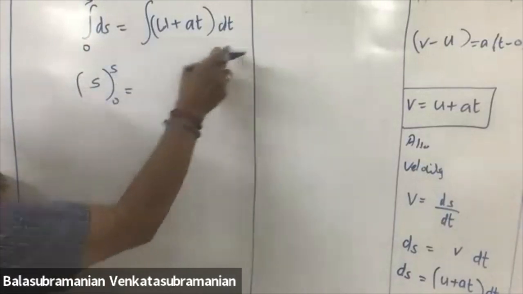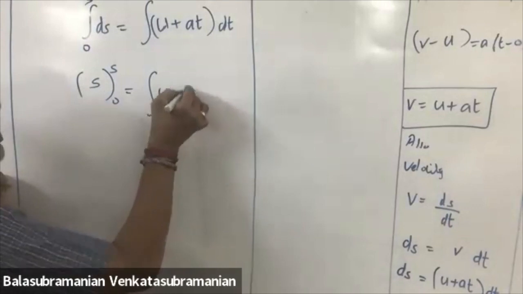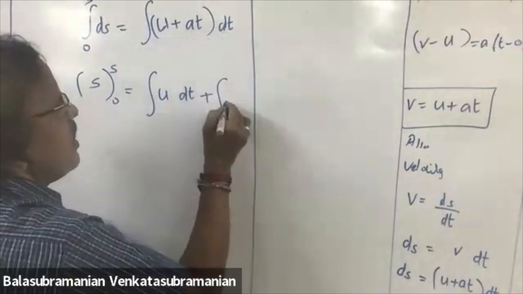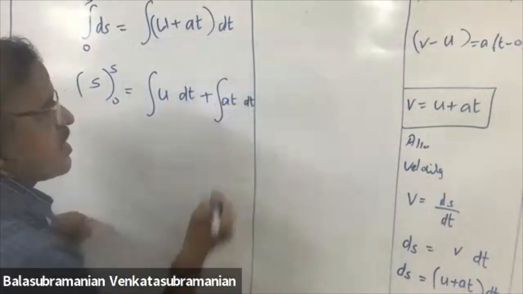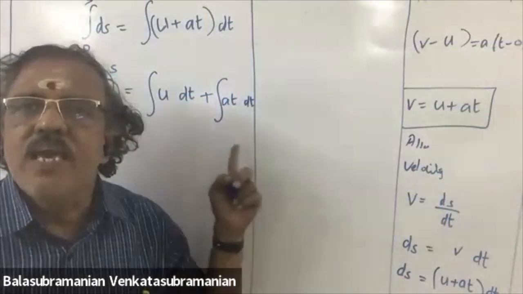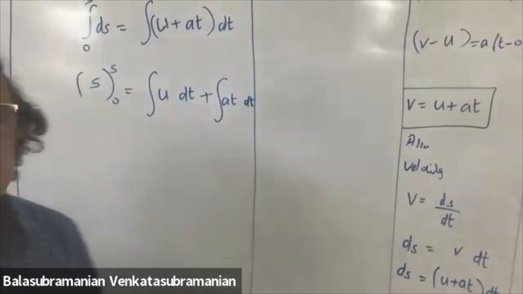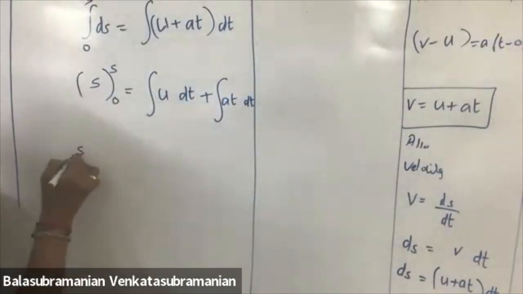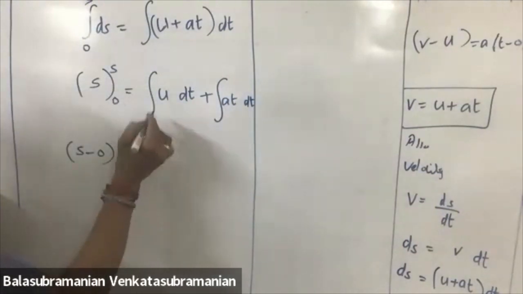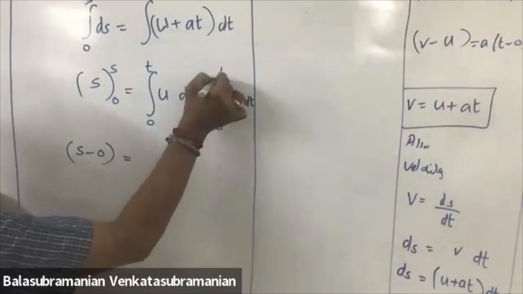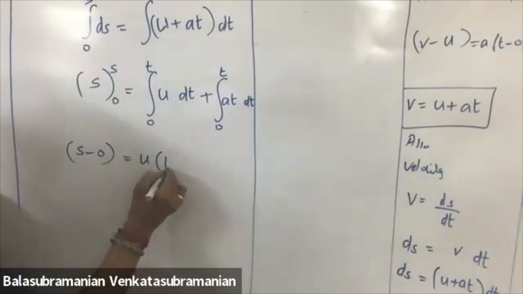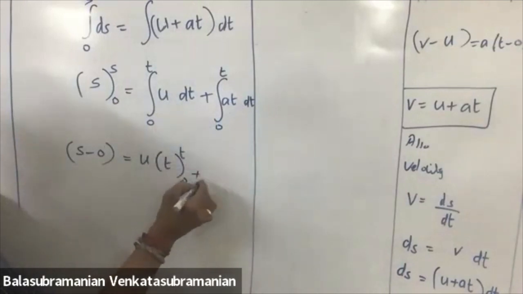Integral u dt is one term, plus integral at dt is another term. Upper limit minus lower limit, with limit 0 to t. U is constant, take it out. Integral dt is t, 0 to t.